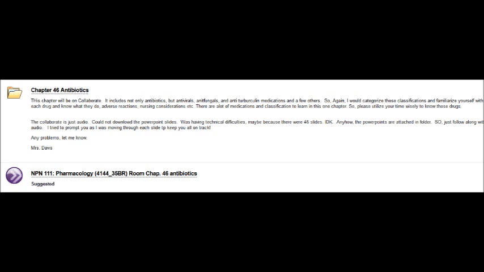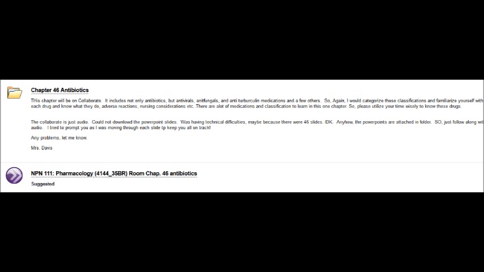The next class of antibiotics are your glycylcyclines, such as tigecycline, which is Tygacil, clinically related to tetracycline. However, its bacteriostatic effect works against broad-spectrum gram-positive and gram-negative and anaerobic organisms.